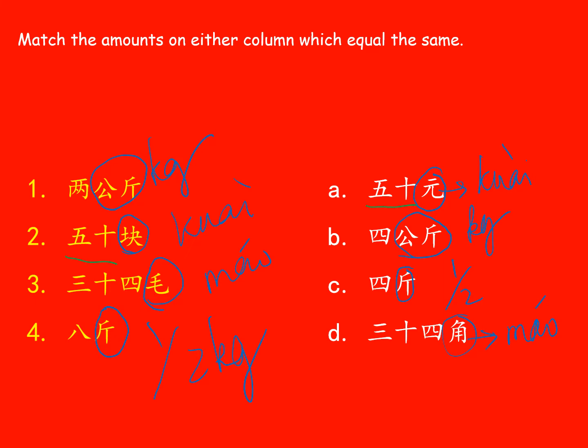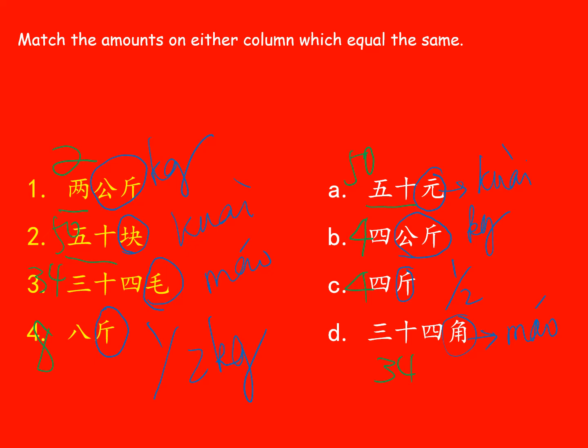So the first one, 2 kilograms. 50, 50. 34, 34. 8, 8. Right hand side, 50, 50. 4, 4. 4 again, 34, 34.